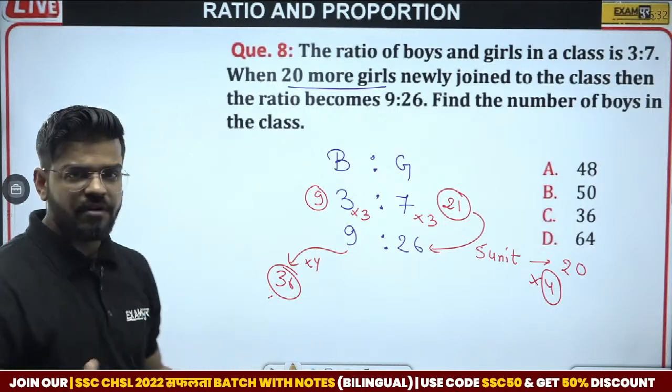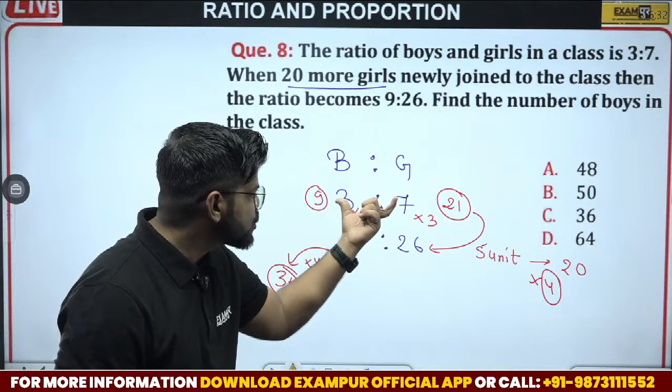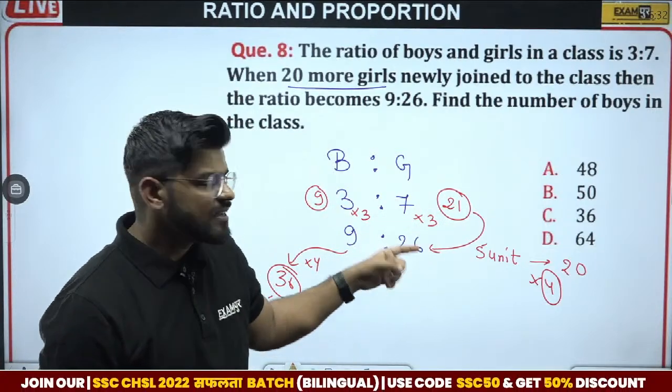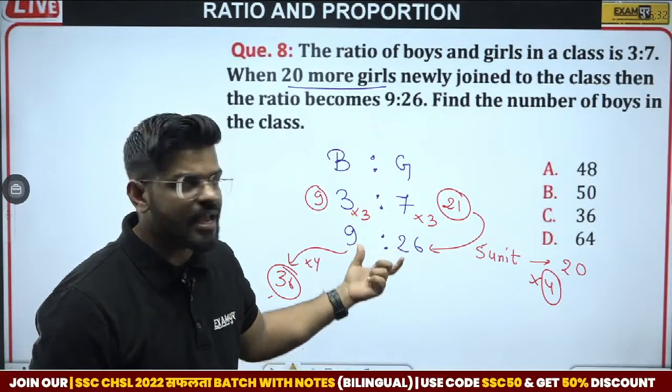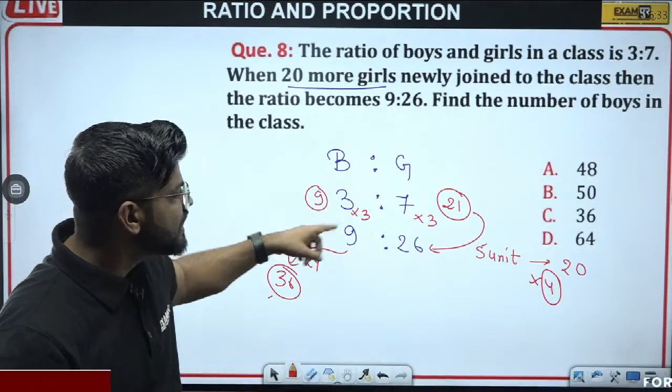And also, after that I have told you, here we have the actual ratios. We have 9:21 and 9:26. They are the past ratios, and these are the new ratios. After 20 girls were added, we can directly say that it is a multiple of 9.